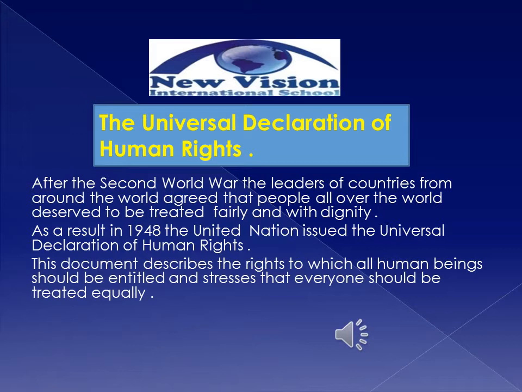This document describes the rights to which all human beings should be entitled. It stresses that everyone should be treated equally, no matter what race, language, beliefs, nationality, or social grouping they belong to.